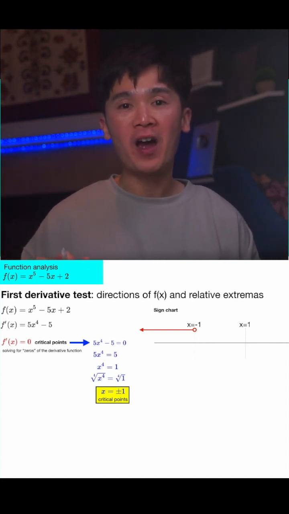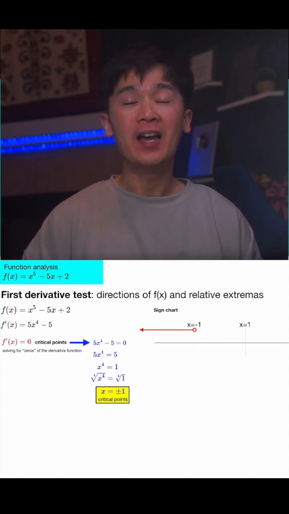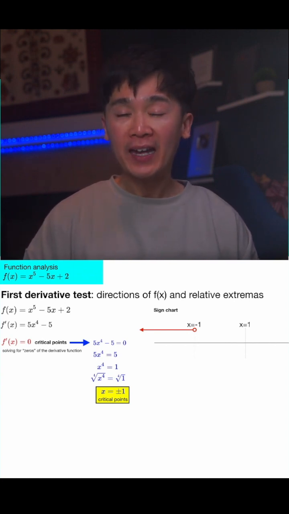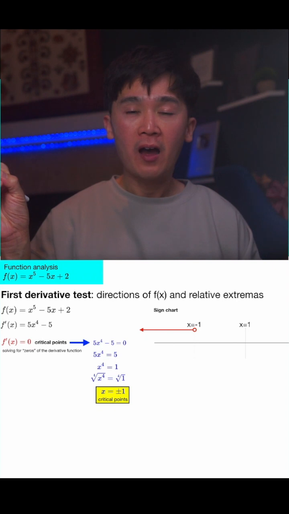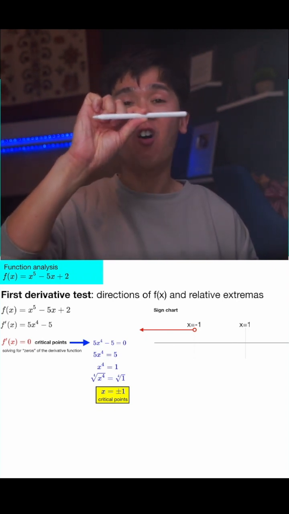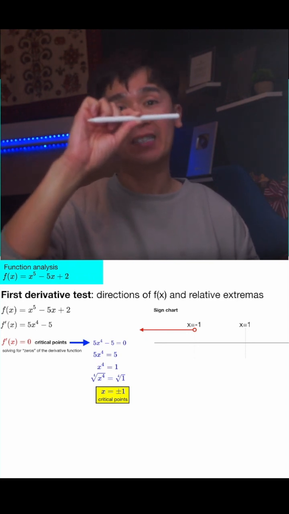Because at negative 1, the slope is going to be 0, because that is our critical point. That means if we draw a tangent line at x equal to negative 1, it will give us a horizontal slope, so our slope is 0.